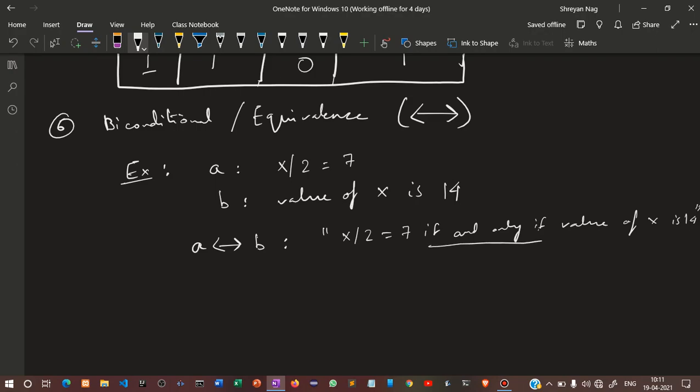So we can get that both the statements have to be same, then only the output will be true.